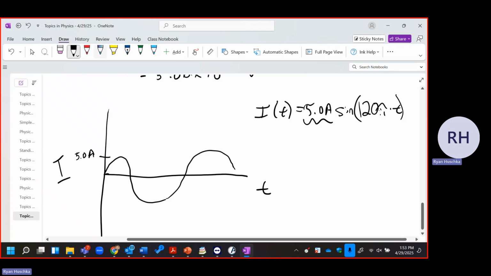And it's saying 120 times per second. Remember, this part would be equal to 2 pi times your frequency. But my question was, how do you get to dI over dt?